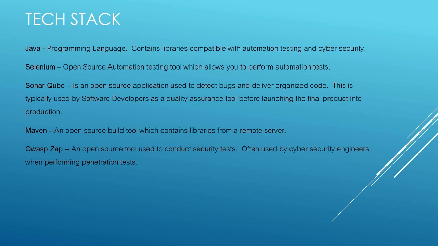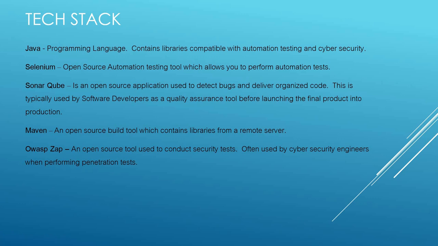Without Owasp ZAP, we wouldn't be able to determine the vulnerability of an application. So what Owasp ZAP is going to do is analyze the components of each application to determine how vulnerable, or how susceptible, they are. So that basically covers the tech stack.